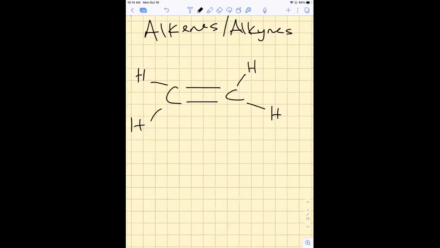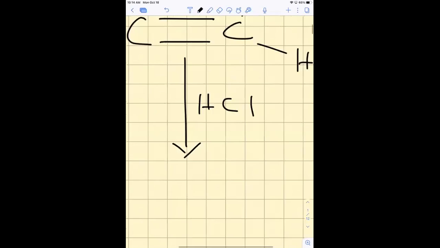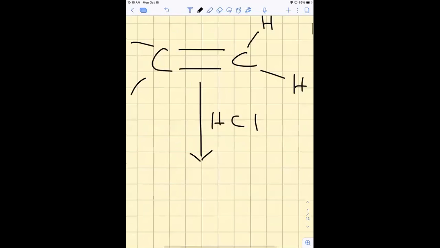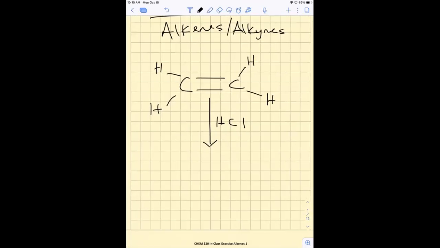So if we take an alkene and let's just say we treat this alkene with HCl. I'm not going into the mechanism or any of that stuff because we're going to talk about that plenty. But let me say this: alkene reactions are all additions. We talked about substitution, rearrangement, elimination, and addition as the four main reaction types.